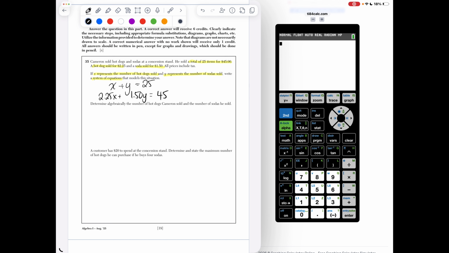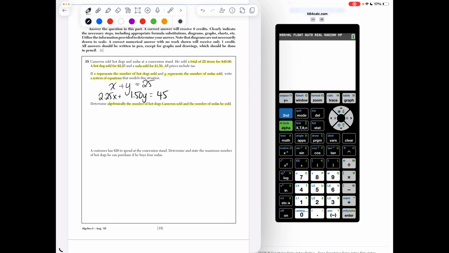Now they're asking us, in the second part, to determine algebraically the number of hot dogs Cameron sold and the number of sodas he sold. Now you can decide which method you would rather use, but I think that this sets us up very well for a substitution, where we can actually set it to X or Y. So I'm going to do that.